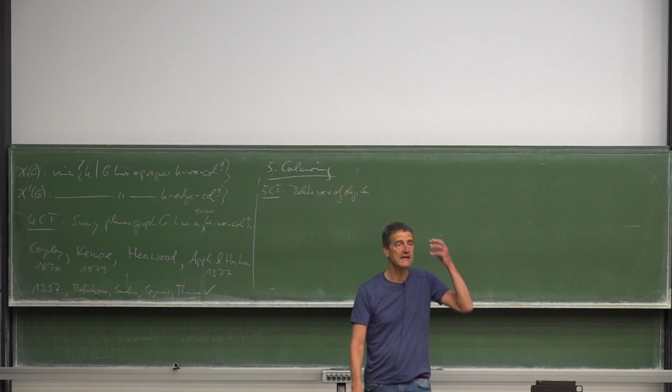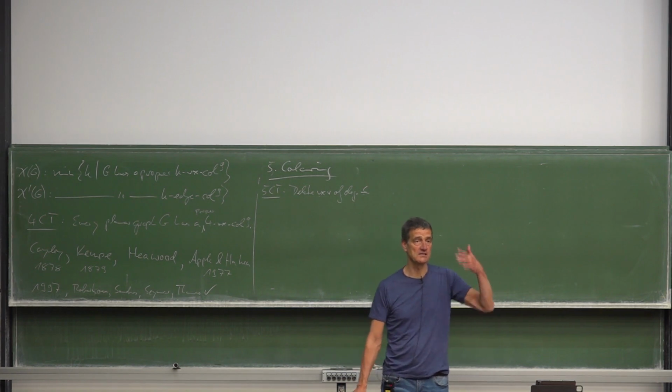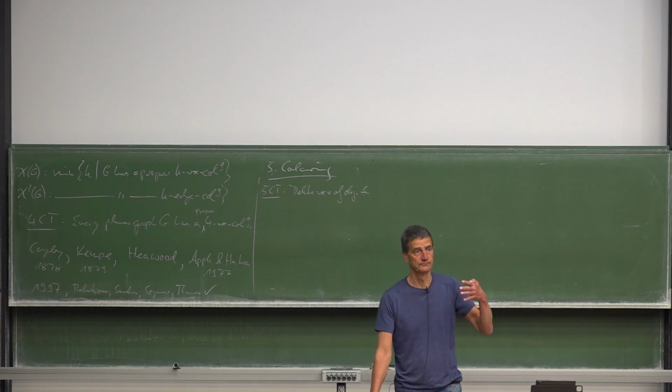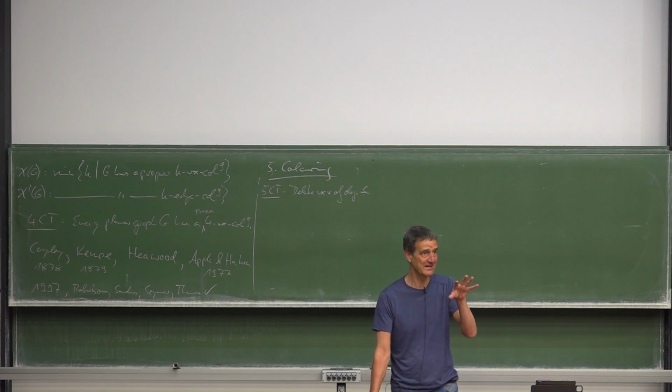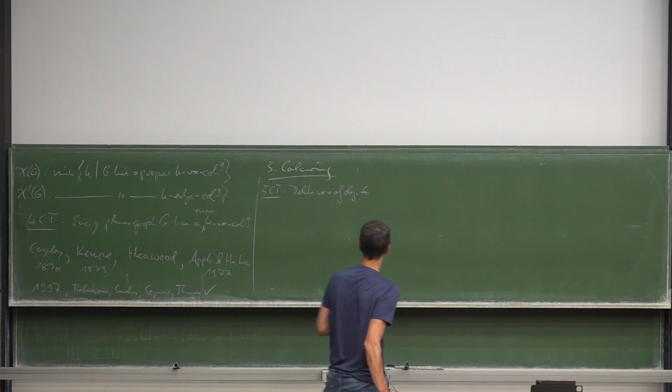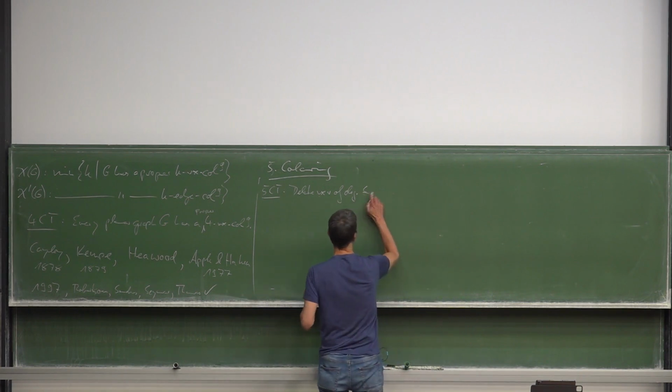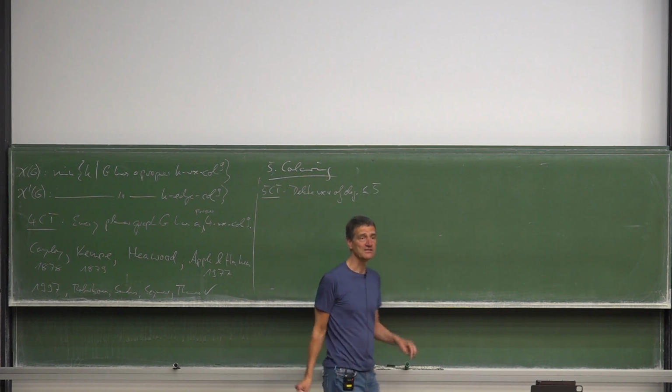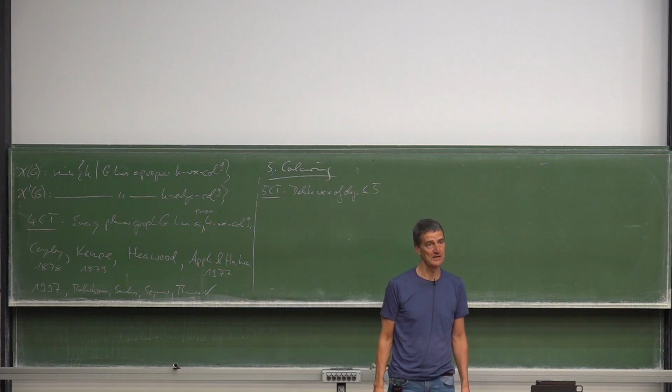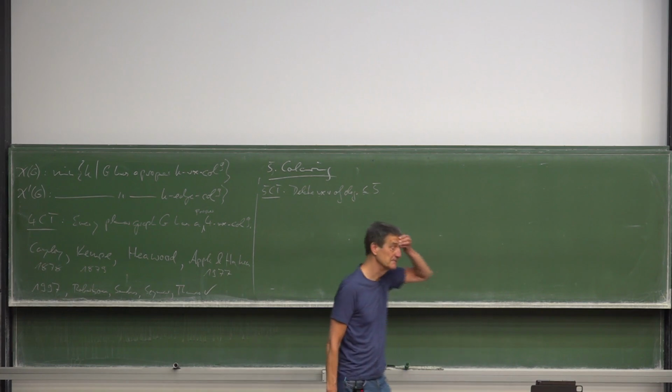Well, if the average degree was 6 or greater, then the number of edges of that graph would be 3n or greater, right? Half that. And then this graph would have 3n edges, where n is the number of vertices. But planar graphs don't have 3n edges, they have 3n minus 6 edges at most. So we can find a vertex of degree at most 5. We can't have minimum degree at least 6.